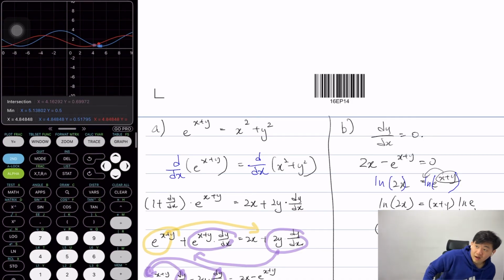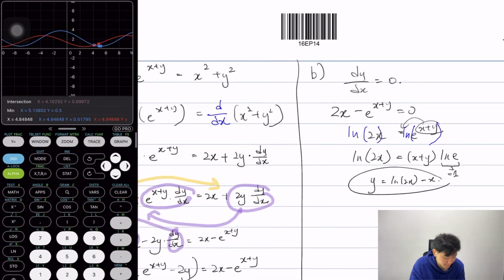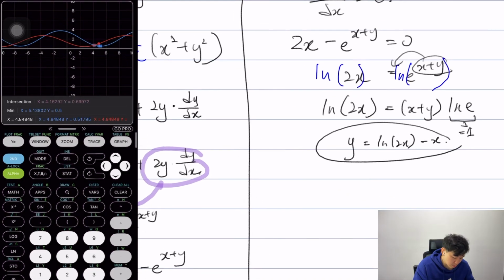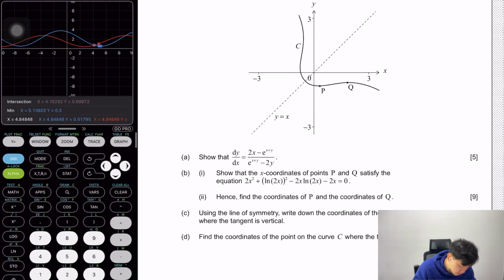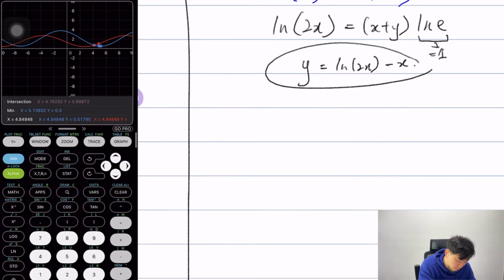Now what do we have to do? We have to plug it back into our equation. So what is the original equation? It's e to the power of x plus y equals x squared plus y squared. We copy it down first.